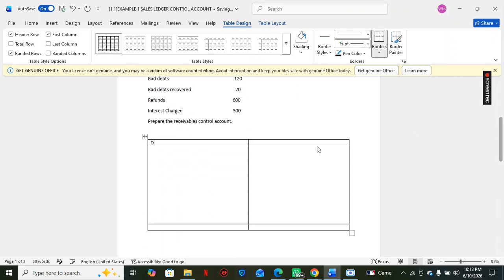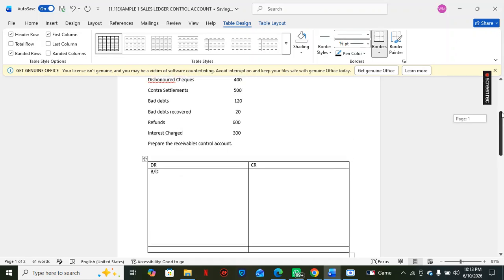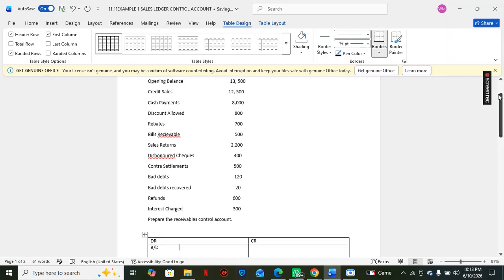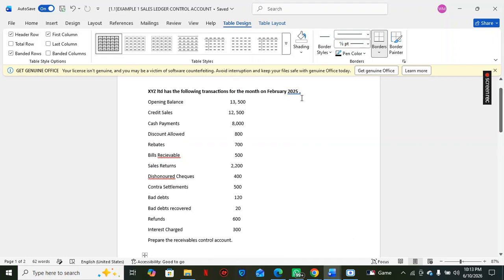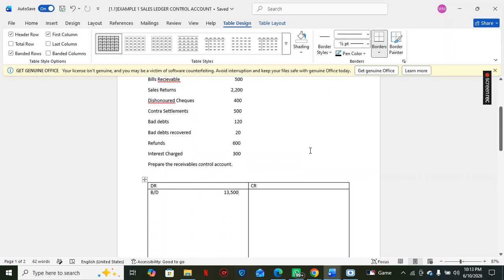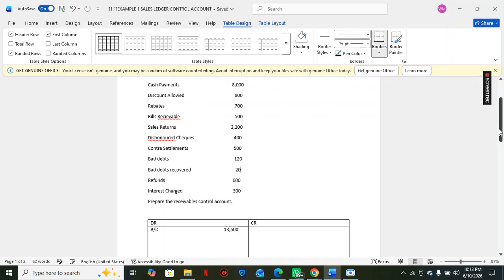So here we're going to put debit and credit, and we're going to say opening balance brought down 13,500. This is what was being owed to us last month, and it comes in as our opening balance for February. So we'll go to our first transaction here.